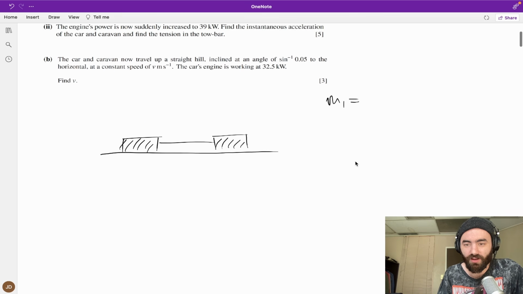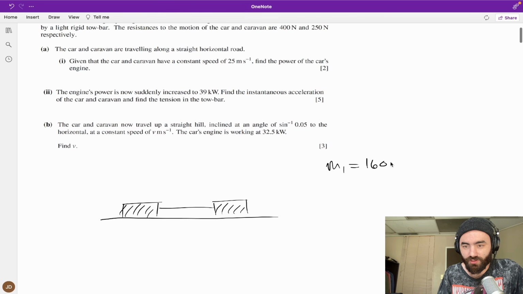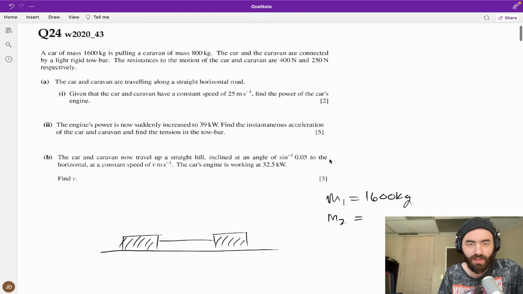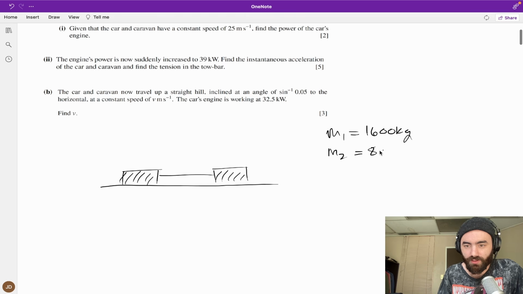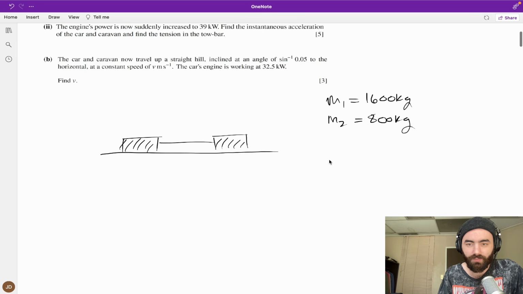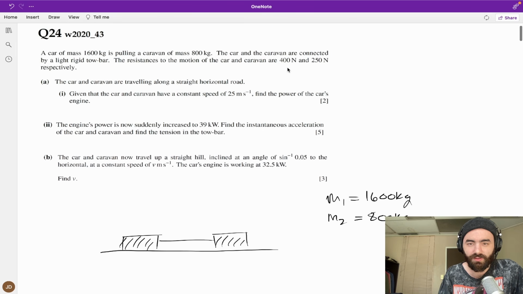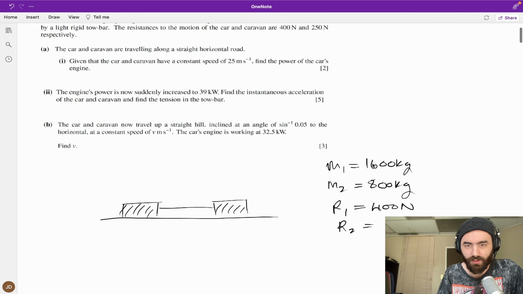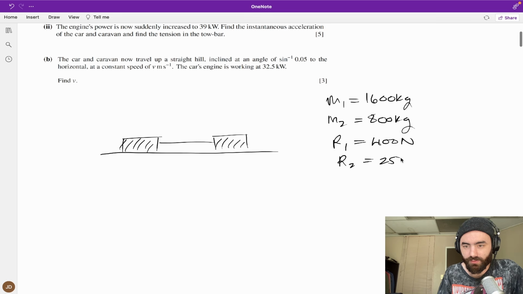M1 is the mass of the car, which is 1600 kgs. M2 is the mass of the caravan, which it's pulling, which is 800 kilograms. And we have the resistance on the car is 400 newtons. Resistance on the caravan was 250 newtons.